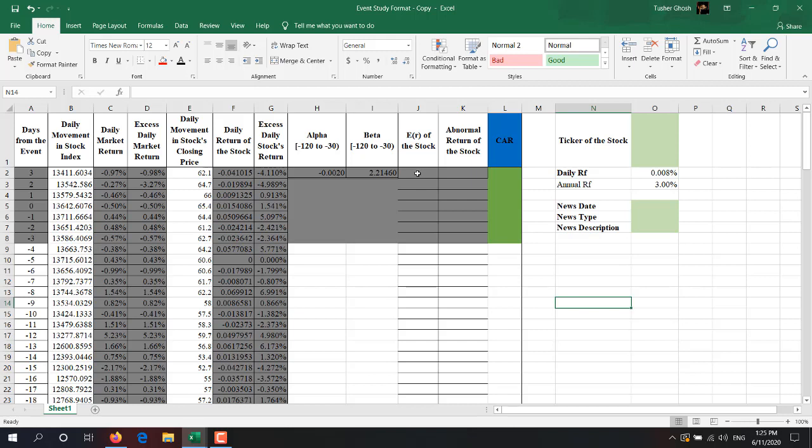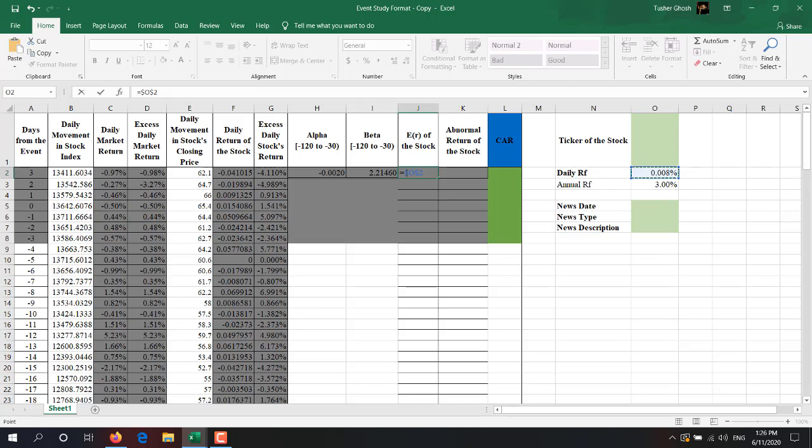So the formula is risk-free rate plus beta into market risk premium. So this is the risk-free daily rate. As we are calculating data on a daily basis, we are going to select the daily risk-free rate, and we want to lock this, fix this one by pressing F4.